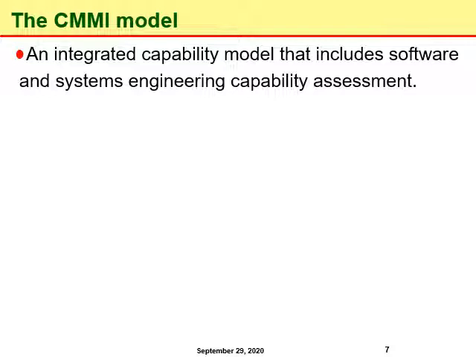The CMMI model helps organizations understand their current level of capabilities and performance, and offers guidelines to optimize the business results, to optimize or improve their business processes.